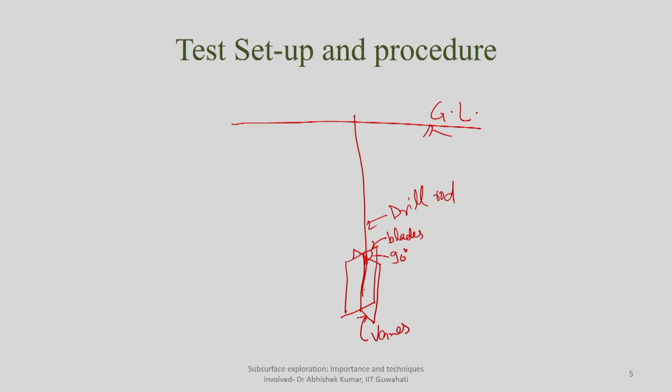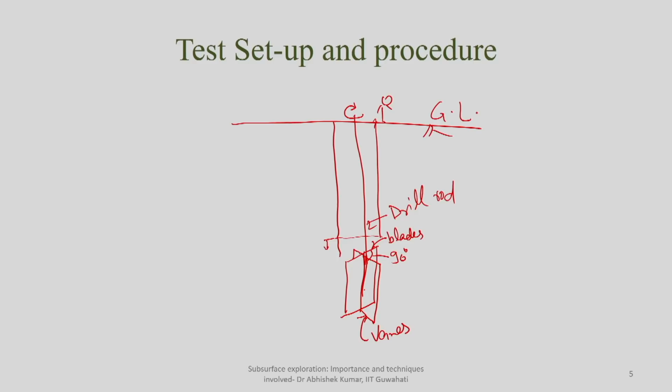Suppose you are standing at your site of interest here; you provide some kind of torque by rotating this drill rod, depending upon your depth. If you are drilling at deeper depth, you will have to have a borehole. Maybe based on the borehole you have collected the soil sample up to here, or you have reached up to this depth, and then you insert this vane. From this depth onward there is almost no disturbance.